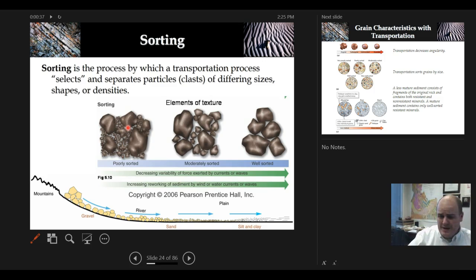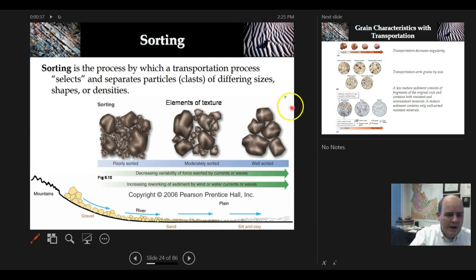So what that means is, if you have a lot of energy, it's going to leave the big stuff behind that it can't move, but anything smaller, it's going to take downstream. So usually stuff down near the mountains is going to be coarser material, and as you go down and down into the ocean, you're going to have finer and finer grain material. Or grain size gets smaller. So it's actually sorted by the energy in the system.